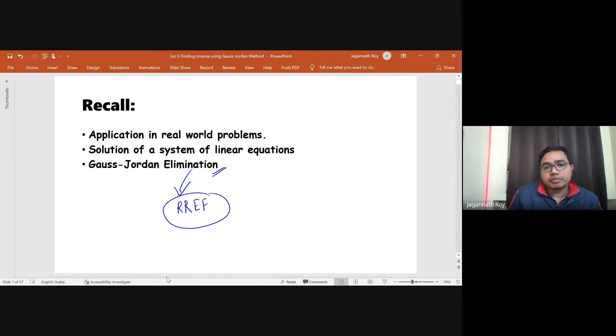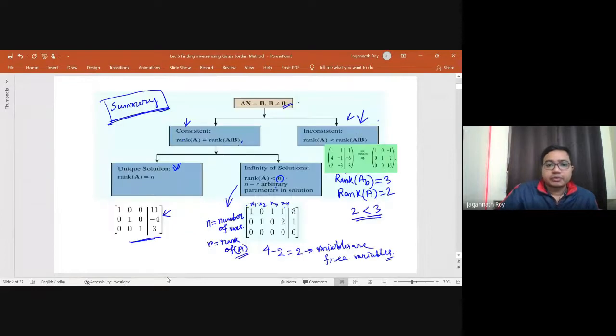Let me tell you these solutions later. First, let us recall the cases of solution of a system of linear equations. There we have seen either we can have a unique solution, or we may have an infinite number of solutions, or we may have a situation where there is no solution.